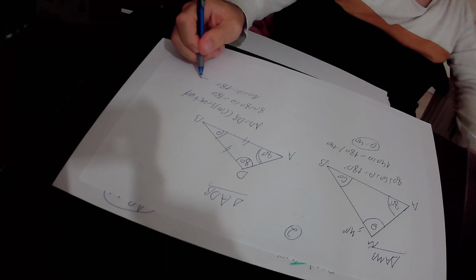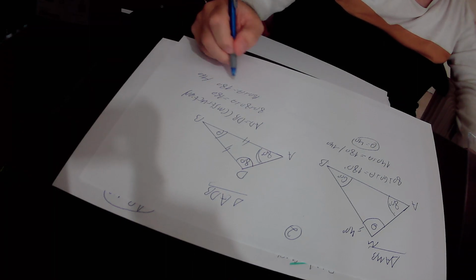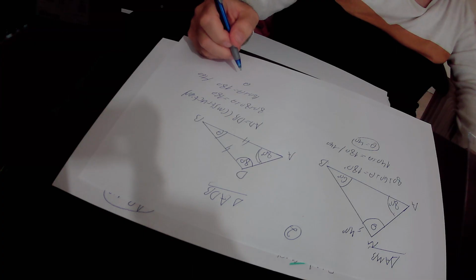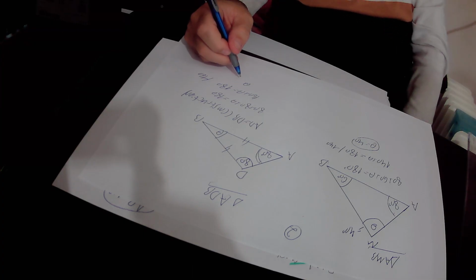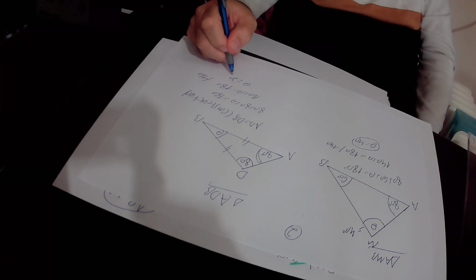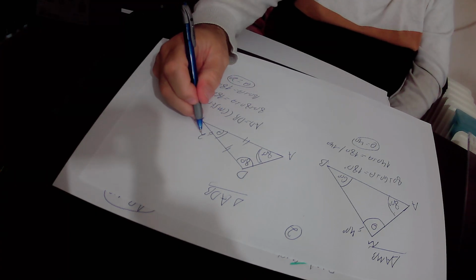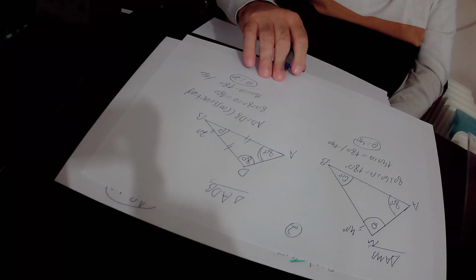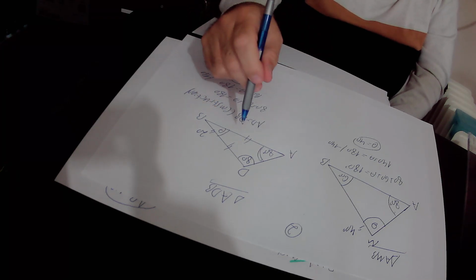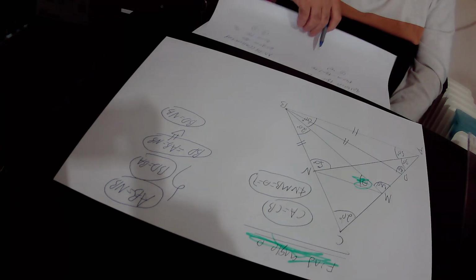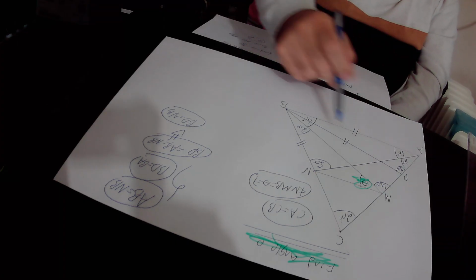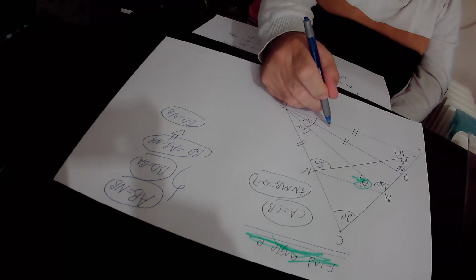We subtract 160 degrees from this equation, we get that the missing angle theta equals 180 minus 160, it is 20 degrees. So this is the missing angle theta that is equal to 20 degrees, that is to say, angle ABD equals 20 degrees. This is angle ABD that is equal to 20 degrees in its size.